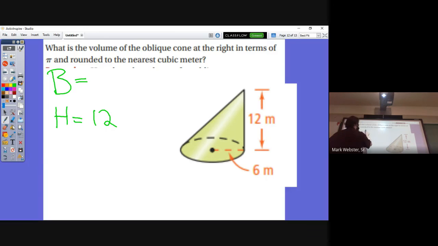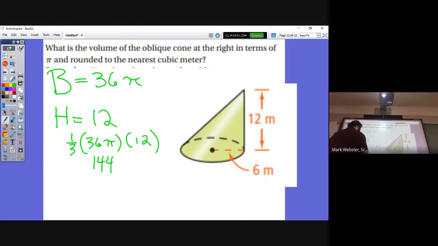6 squared is 36. And then all we're going to do is 1/3 base times height. Third of 36 is 12. So we end up with, when we multiply everything together to get our exact answer in terms of pi, we get 144 pi.